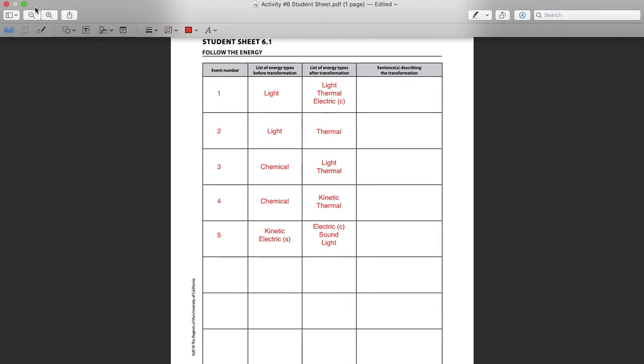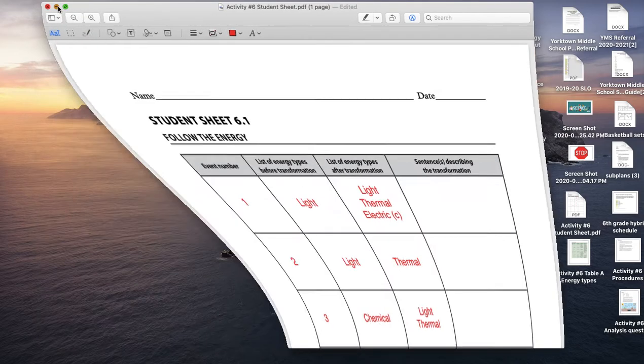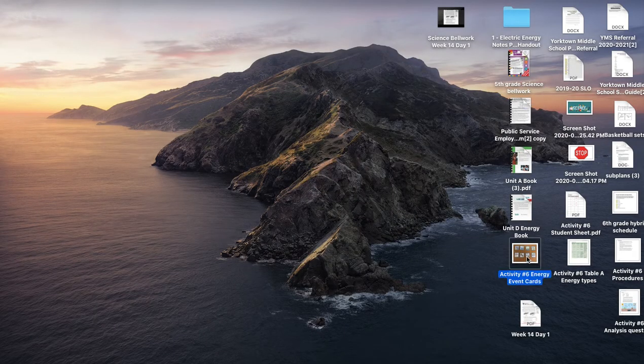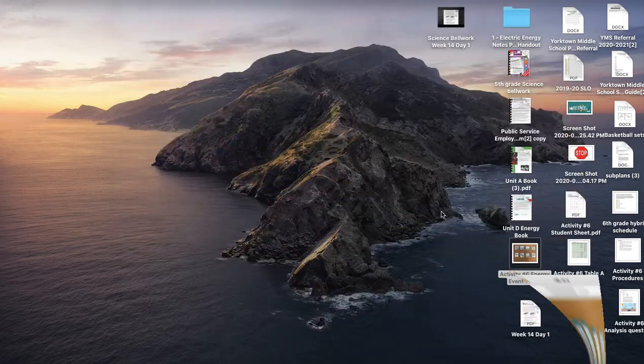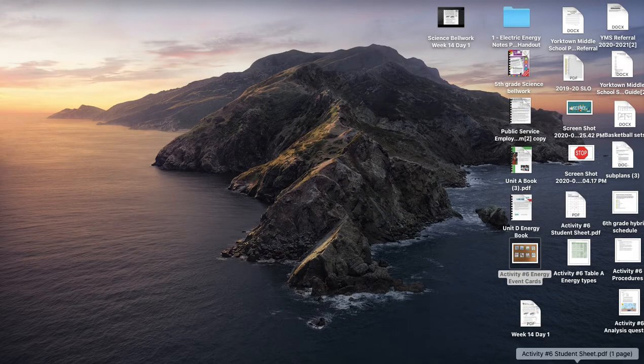And that's card 5. Card 6, that's the kid recording music, I'm assuming. So go back to our student sheet.